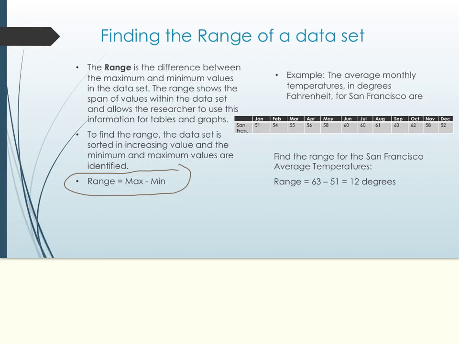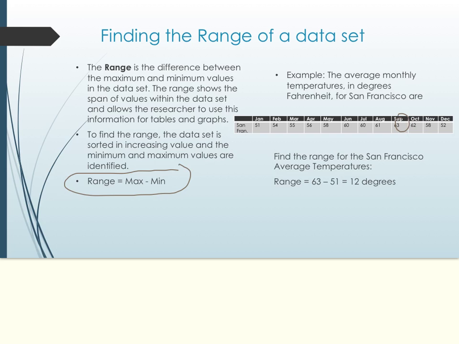So in the next example, the average monthly temperatures in degrees Fahrenheit for San Francisco are the following. There are 12 months in which the average monthly temperatures were taken for a particular year. The maximum temperature was found in September at 63.